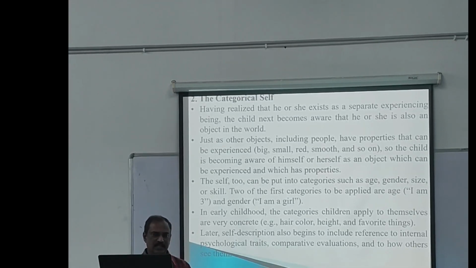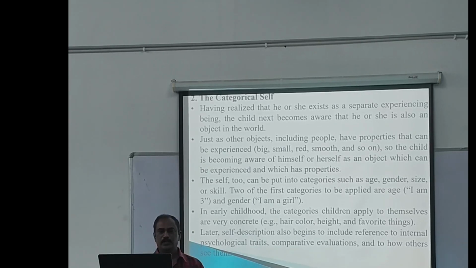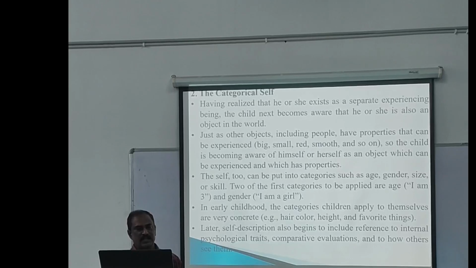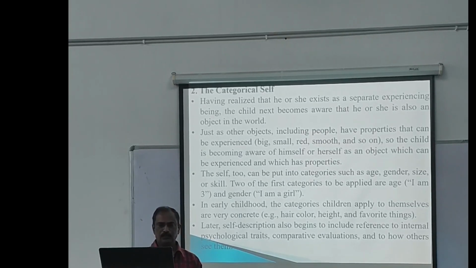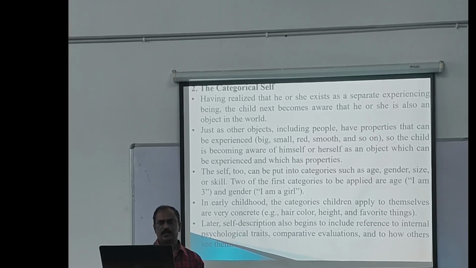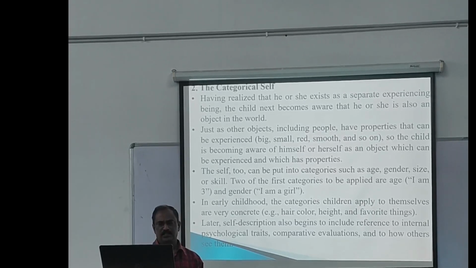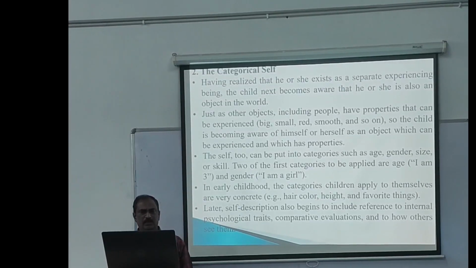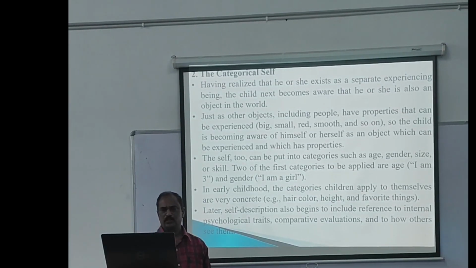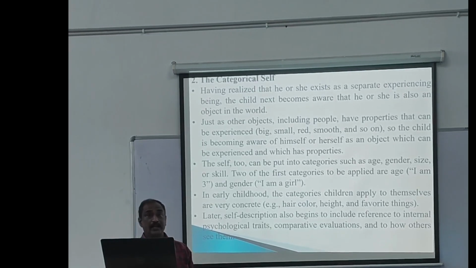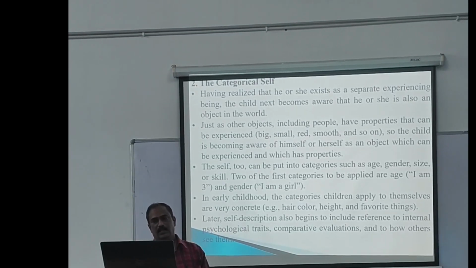The self too can be put into categories such as age, gender, size, or skill. Two of the first categories to be applied are age, that means I am 3, and gender, I am a girl. In early childhood, the categories children apply to themselves are very concrete. Example, hair color, height, and favorite things.